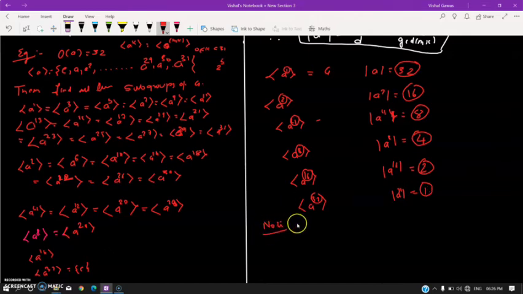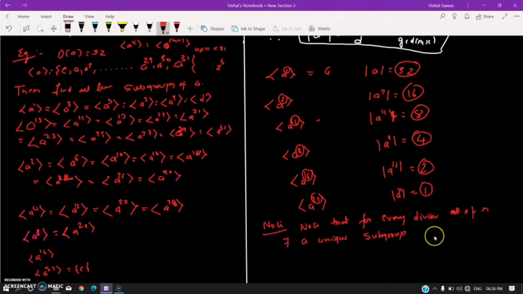Note that for every divisor d of n, there exists a unique subgroup of order n by d. For every divisor I have, so look at the divisors here.